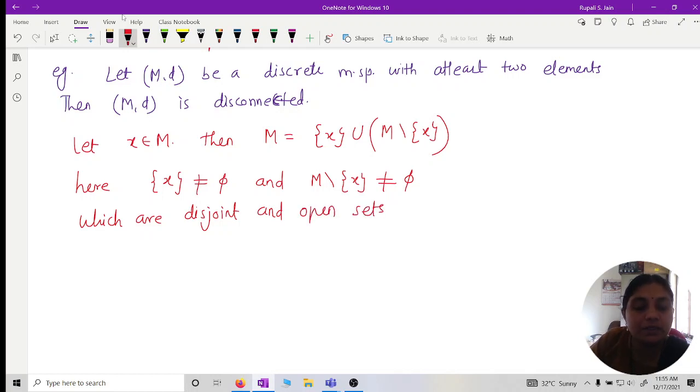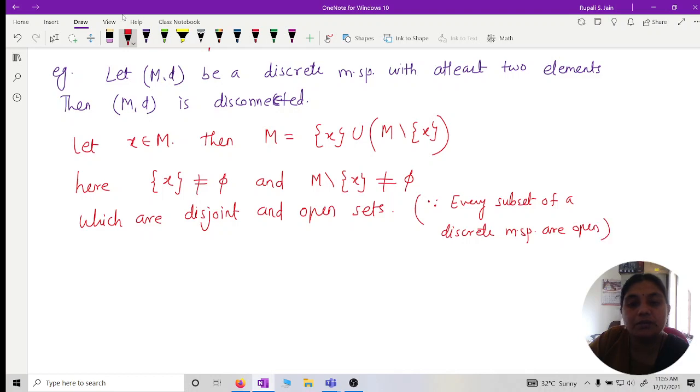Why are they open sets? Every subset of a discrete metric space is open. We have already proved this. Can you recall this?